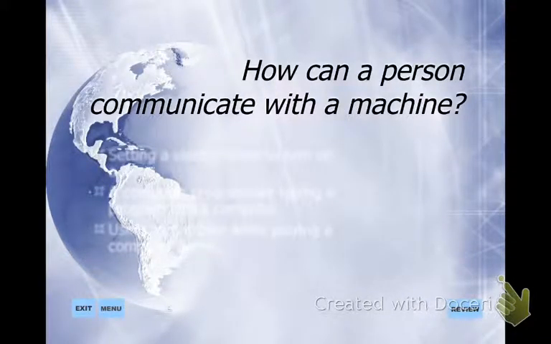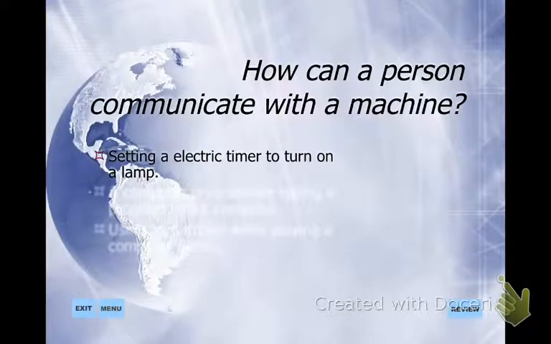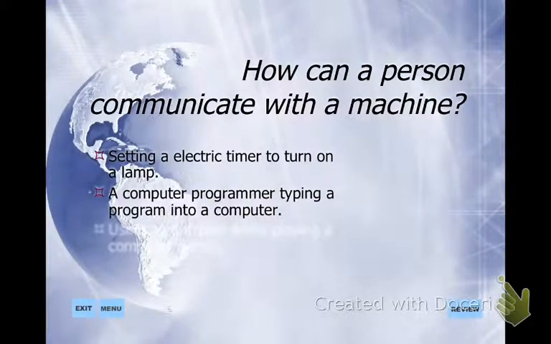Okay, we can communicate different things. We can talk to machines. We tell machines what to do. And here are just some examples. We turn a timer on to turn on a lamp. We program the computer by typing onto the computer, and then the computer does what you tell it to.